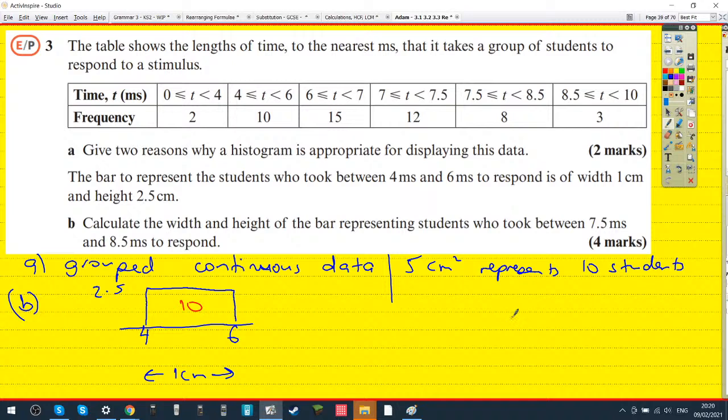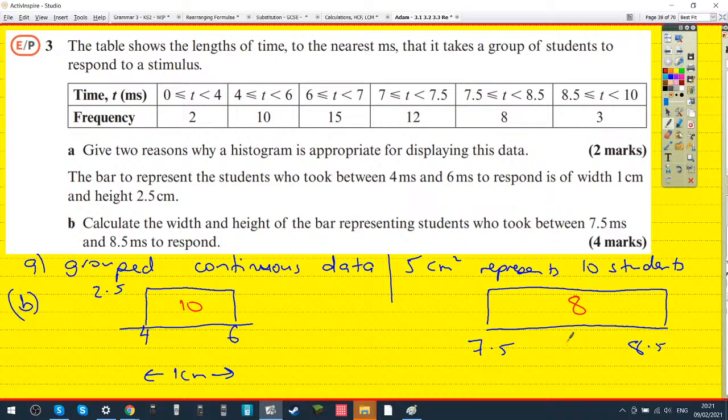No. So this one had 10 students. This one has, we don't know. Yes, you do. Oh, right, it's 8. And it has a width of 1.